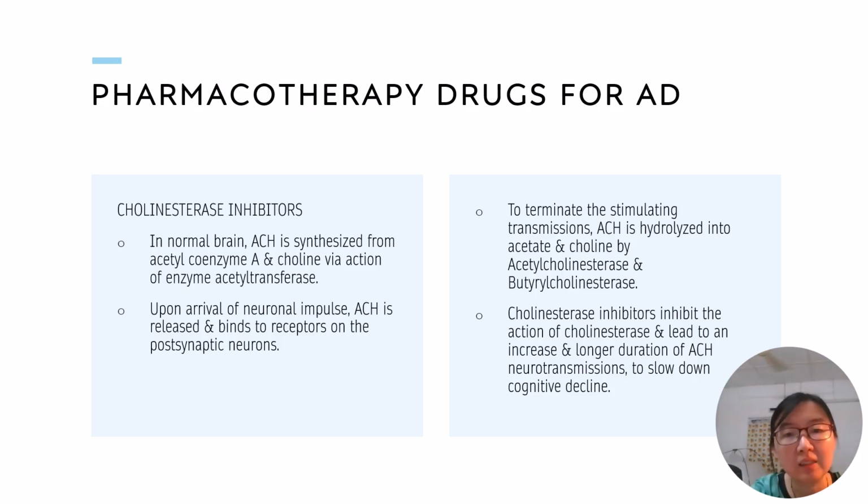To terminate the transmission, acetylcholine is hydrolyzed by two enzymes known as acetylcholinesterase and butyrylcholinesterase. So by stopping these enzymes, cholinesterase inhibitors lead to an increase of acetylcholine in the synaptic neurons and a longer duration, hence slowing down the cognitive decline.